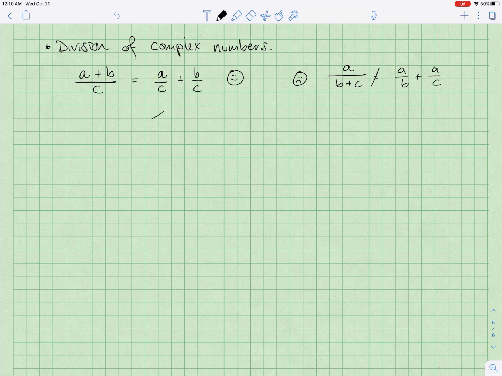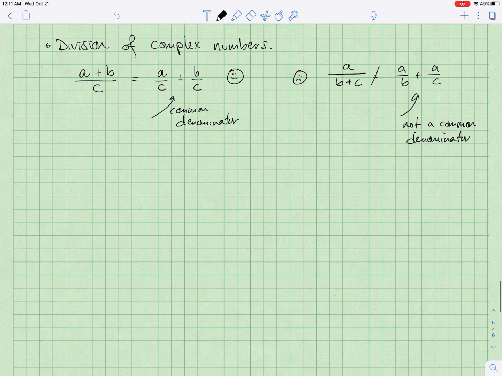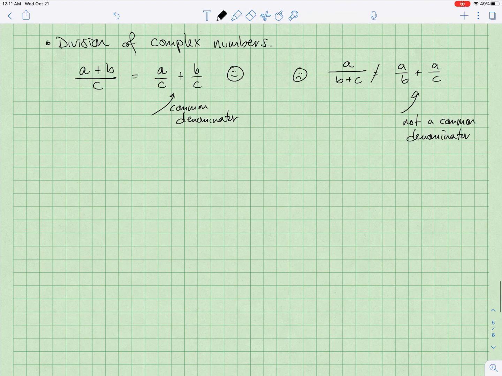Those do not have a common denominator. So this is a common denominator, and these are not a common denominator. So watch out for that kind of thing, folks. You don't want to be making noob mistakes like that. So just be careful.